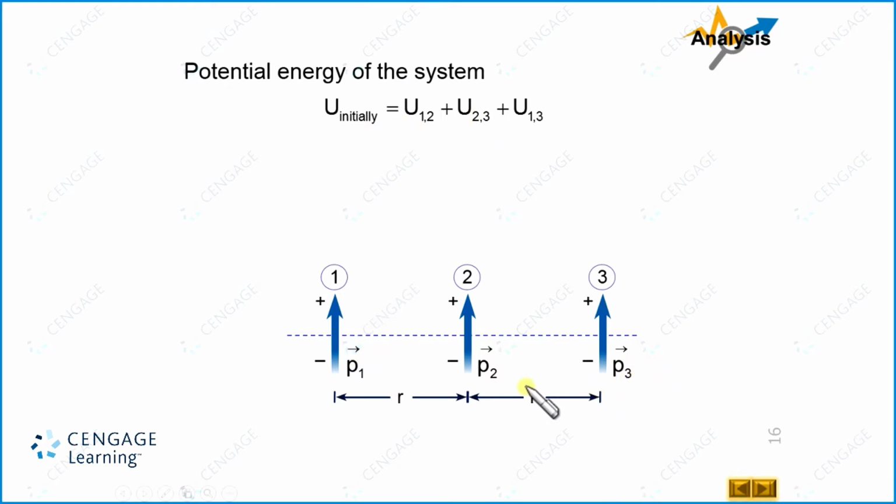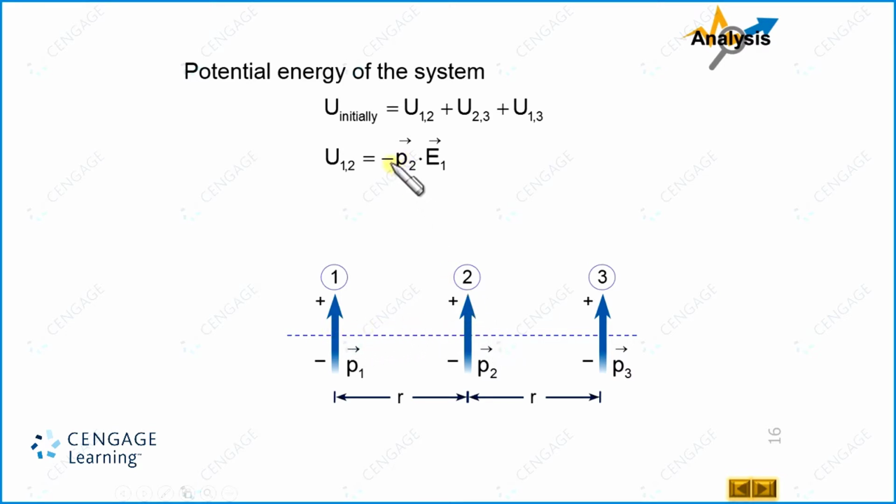Now let us consider the potential energy of 1 and 2. Let us write U12 equal to minus P2 dot product E1 vector, right? This is the potential energy associated with the second dipole because of the electric field of the first dipole.